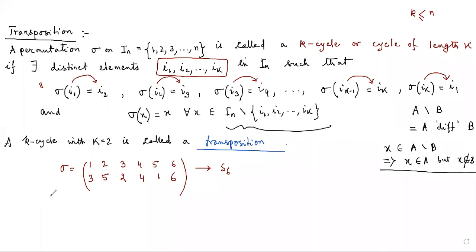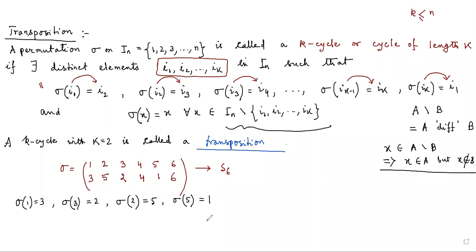Now carefully observe that under the permutation sigma, 1 goes to 3. Then under sigma, 3 goes to 2. Then sigma of 2 gives you 5. Then sigma of 5 gives you 1.